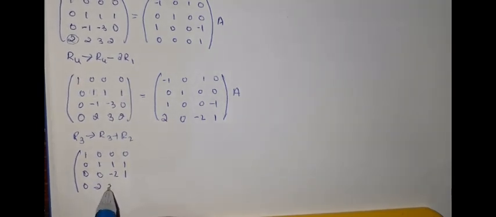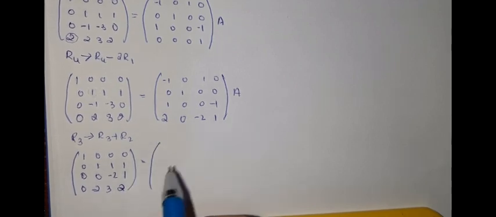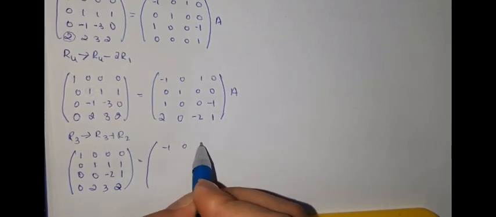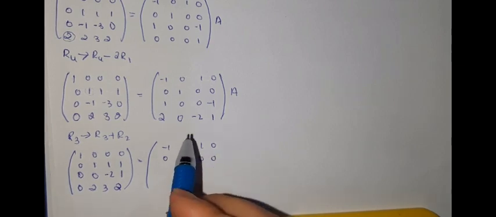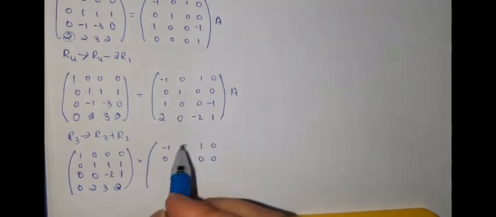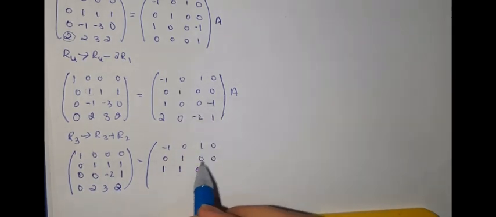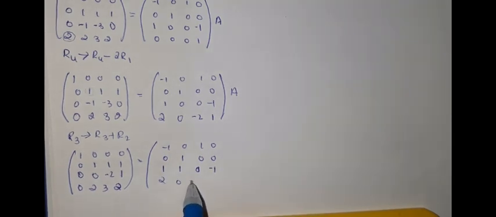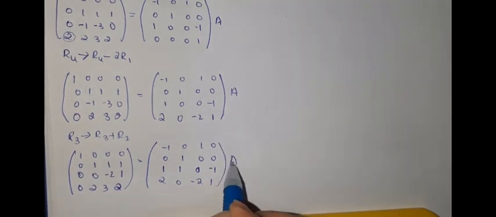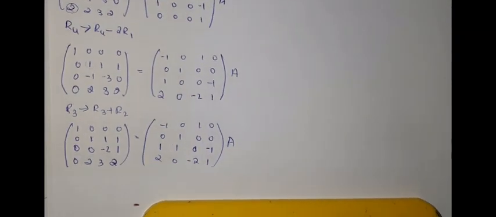So this is 2. You have to apply the same operations on r3. Now r3: 1 plus 0, 1; 0 plus 1, 1; 0 plus 0, 0; minus 1 plus 0, minus 1. Okay, here we go. Now we got it, right?